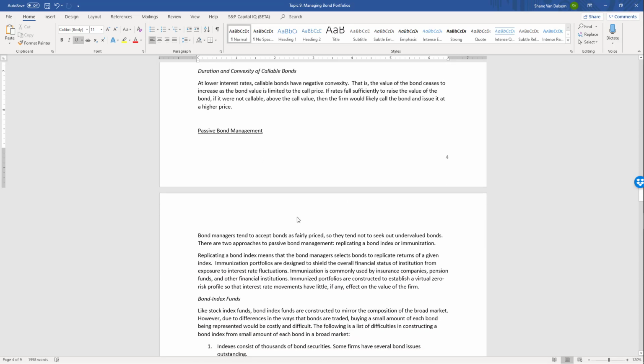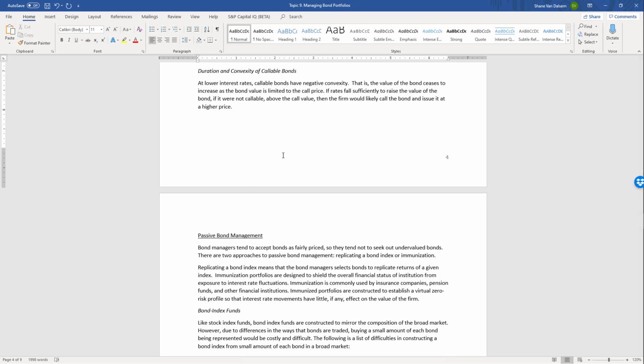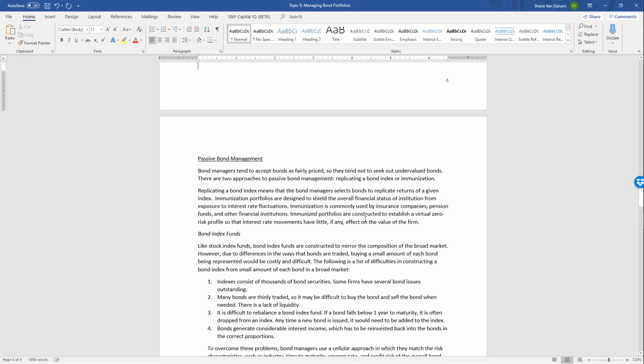Passive bond management. Bond managers tend to accept bonds as fairly priced and tend not to seek out undervalued bonds. The thing about bonds relative to stocks is that the yield to maturity is the required rate of return for that bond that's set by the buyers and sellers in the market.